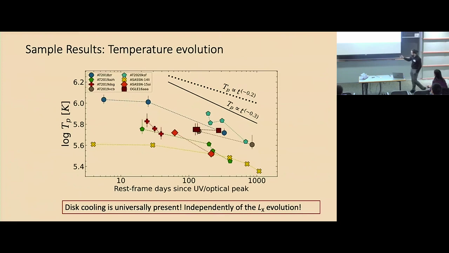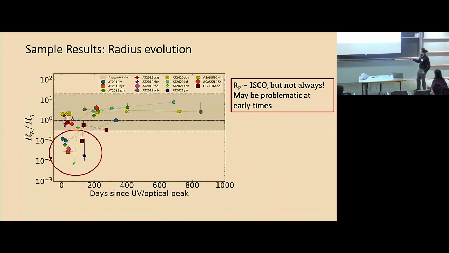So as I said, the cooling of the inner temperature of the disk is universally present, independent of the X-ray luminosity evolution. All sources that have enough points are hotter at the first epochs and cooler at late times. And as I said, that creates a problem for the early-time estimated radius because they are much lower than the ISCO.